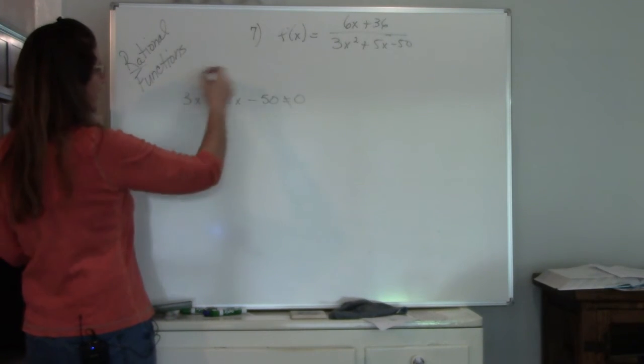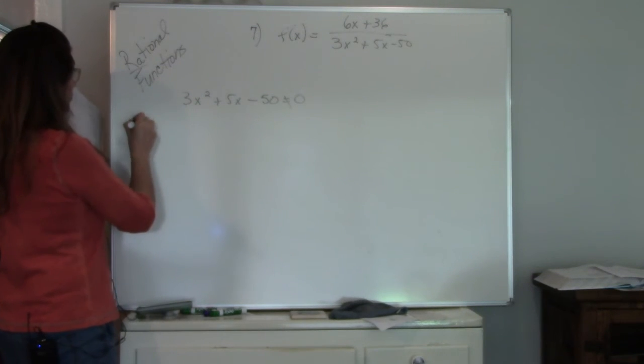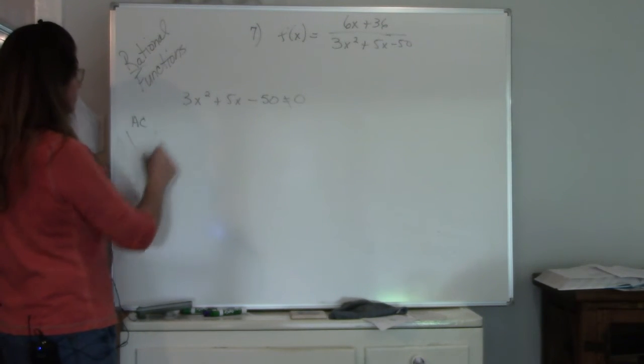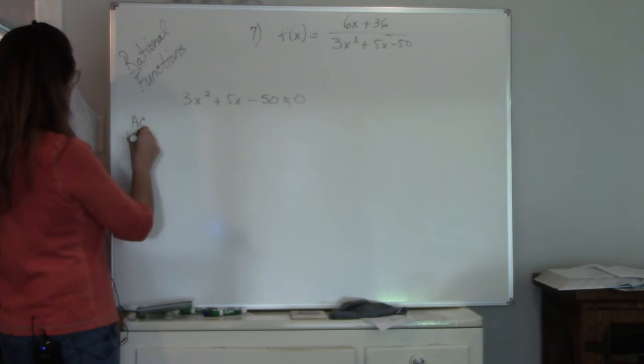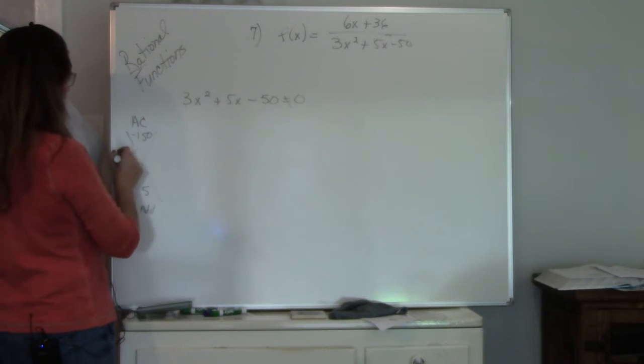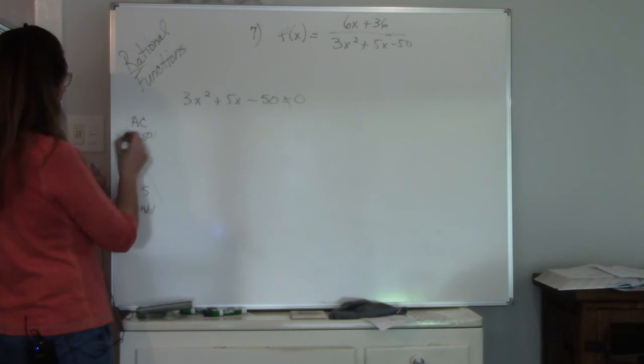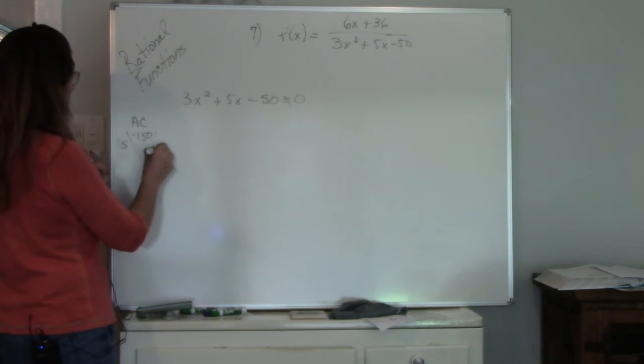Okay, this I can't factor anything out, so I have a number in front, so I'm going to use my AC method. 3 times negative 50 is negative 150. When I add, I get 5. Factors of negative 150. I know I only have to be 5 steps away, so I can do 5 times 30.